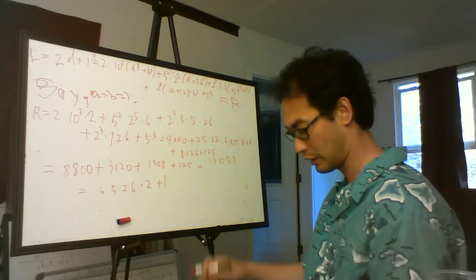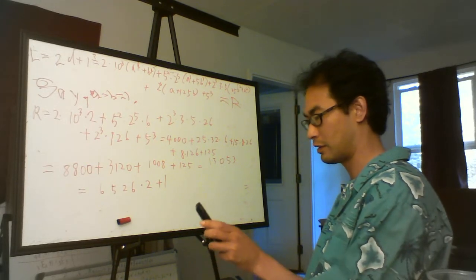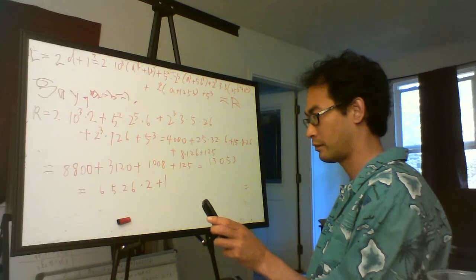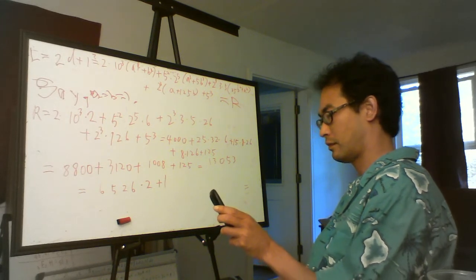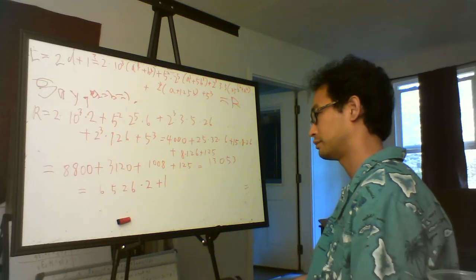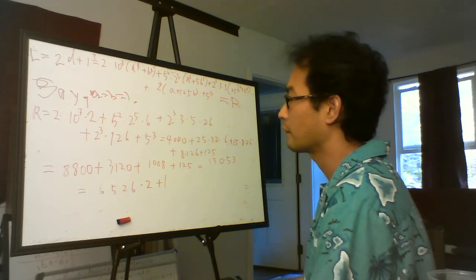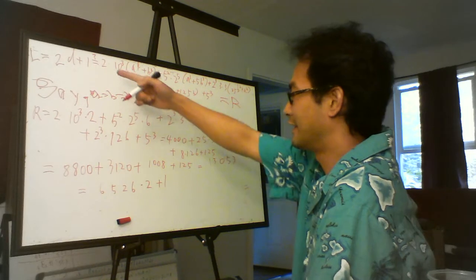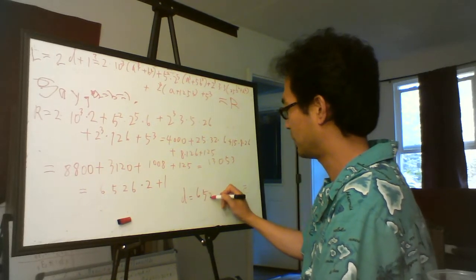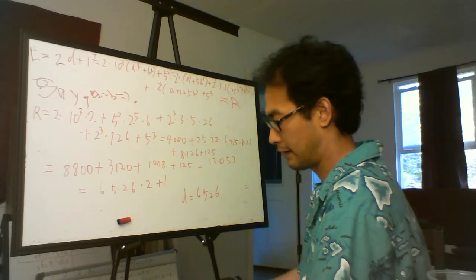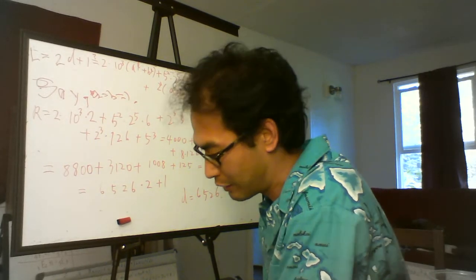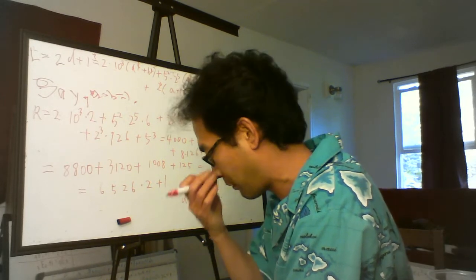That's Euclidean division. Let me double check. Yeah, good. So we found D. D is equal to 6526. We may have disproved Euclid, not Euclid, but Fermat's theorem after all.